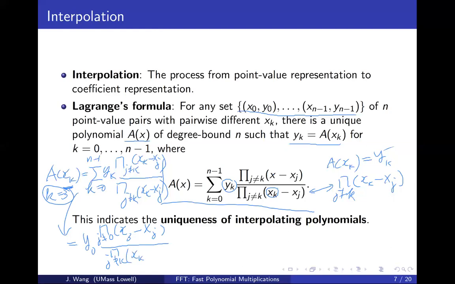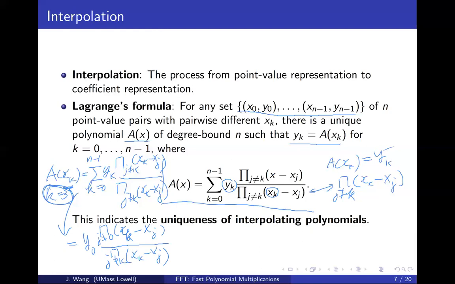And this is j not equal to k, so we still put k here: xk minus xj. So j is not equal to 0, so j could be k if k is not 0, because we assume k is equal to 3.